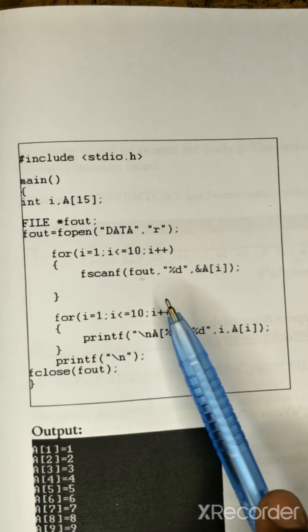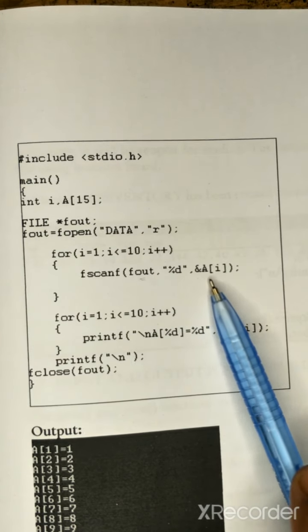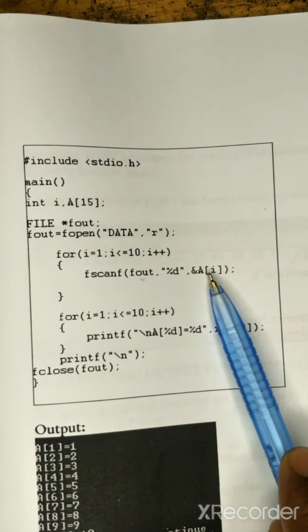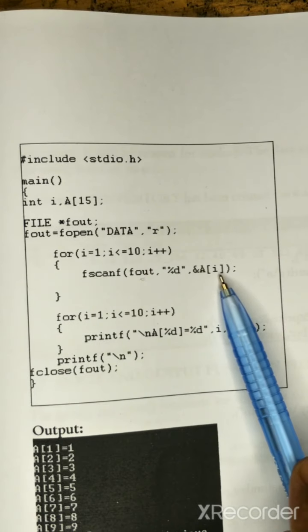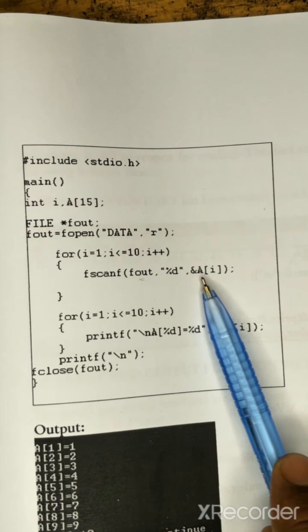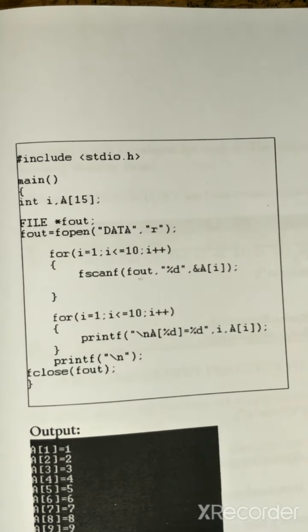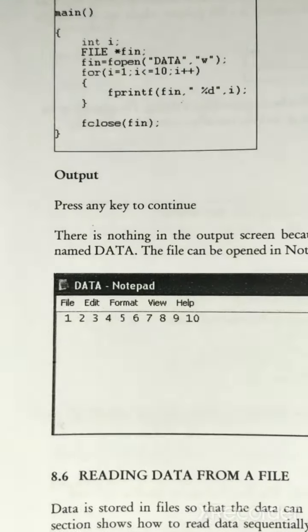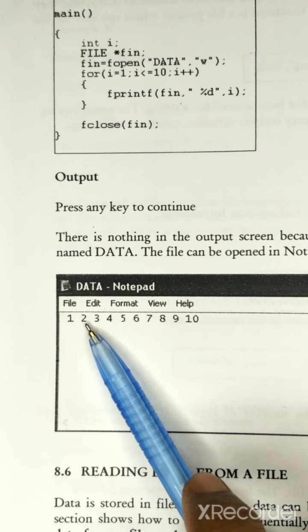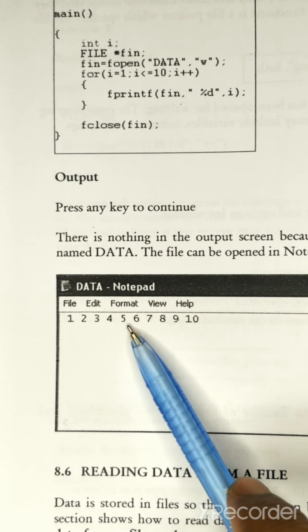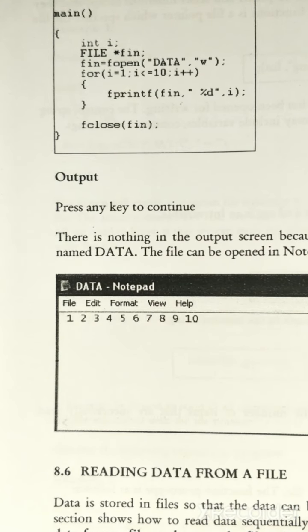What do we want to read? This variable ai, from 1 to 10, which means that a0, a1, a2, a3, a4 and so on will have this data, a1, a2, a3, a4, 5 up to 10.